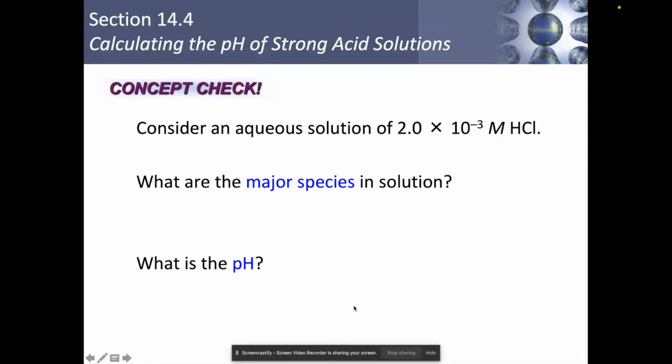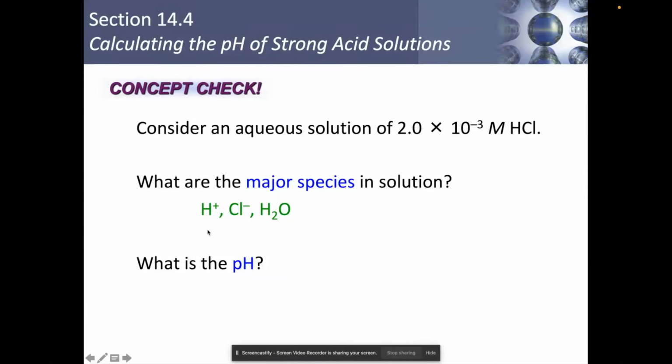Okay, major species. How do we figure that out? Well, we'd have to write a balanced equation for HCl and water. Okay, we'd have to write that, and then you'd have to look and see, is it going to be going to completion or not? The nice thing is HCl is on our list of strong acids. So since it's on our list of strong acids, it completely breaks apart.